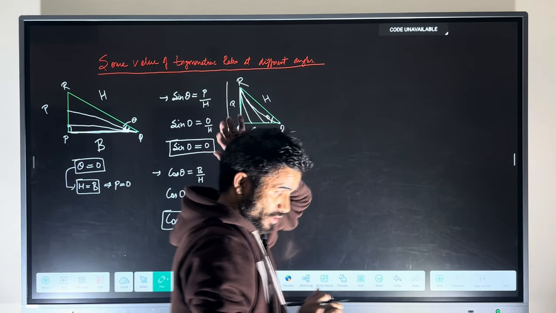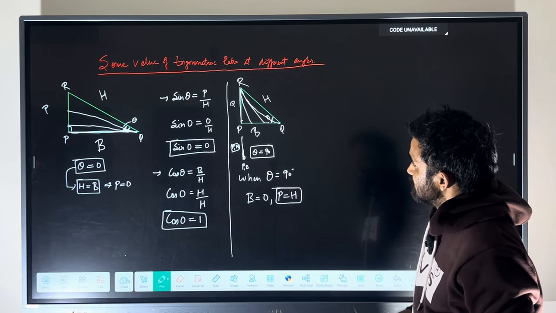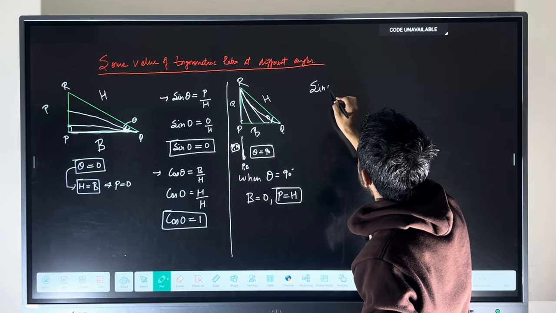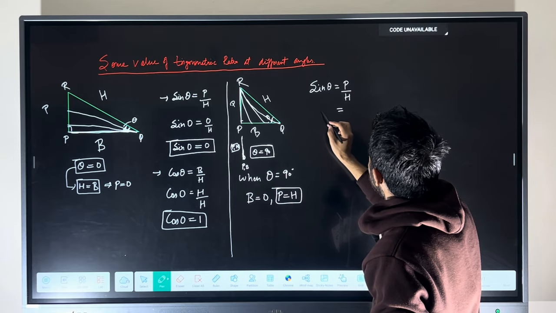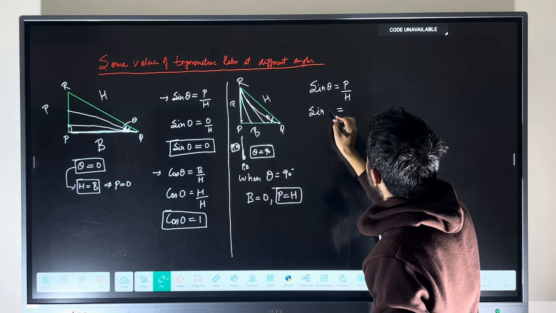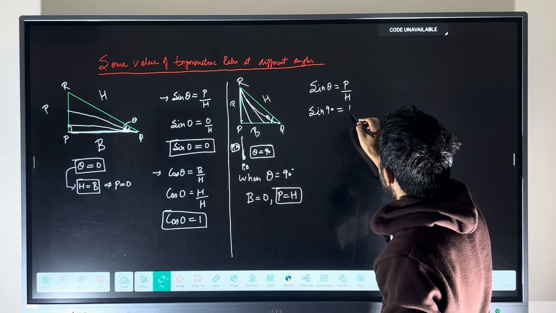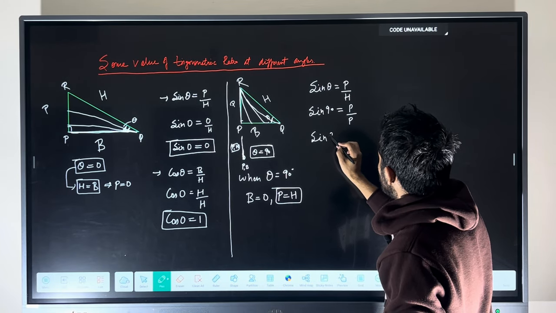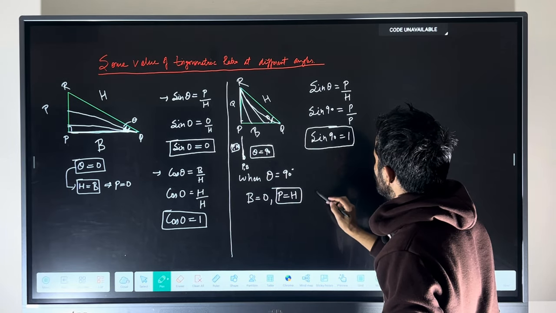Now again sine theta is perpendicular upon hypotenuse. We are dealing with sine 90. Perpendicular and hypotenuse are equal, so it will be perpendicular upon perpendicular. So we can say sine 90 is equal to 1.